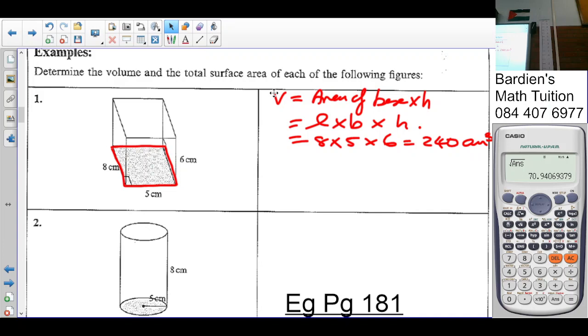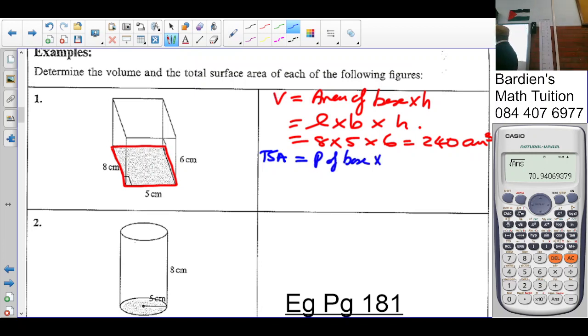You don't understand? Just look at the total surface area. How do you calculate the total surface area? The perimeter of base times height plus 2 area of base.